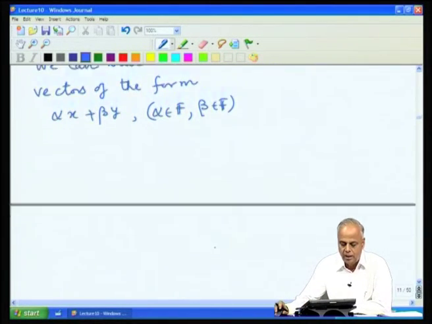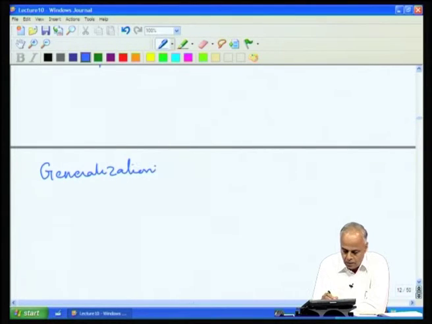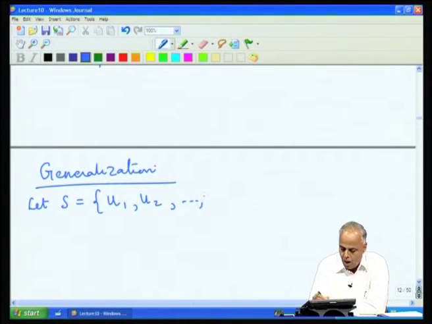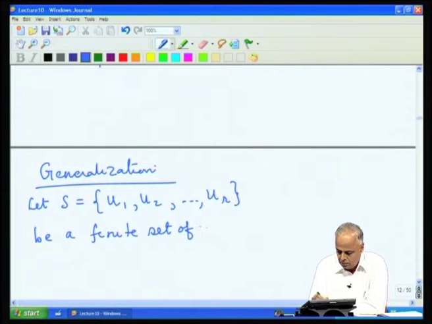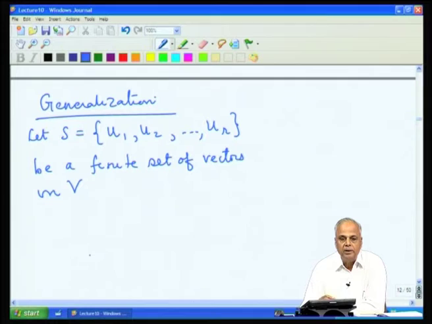Now, we extend this idea. In general, instead of 1 or 2, if we have a finite number of vectors, so let S be u1, u2, ..., ur, a finite set of vectors in the vector space V. Then what are all the vectors that we can build using u1, u2, ..., ur?